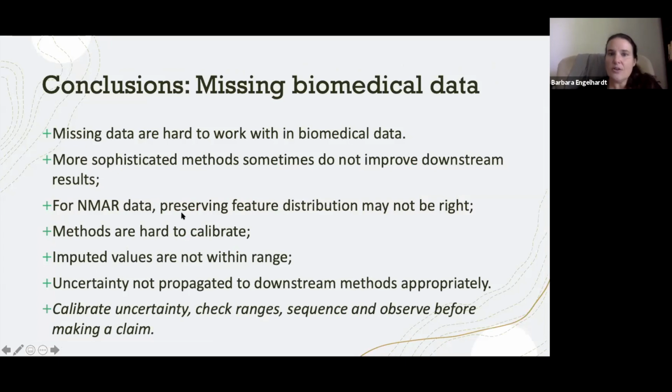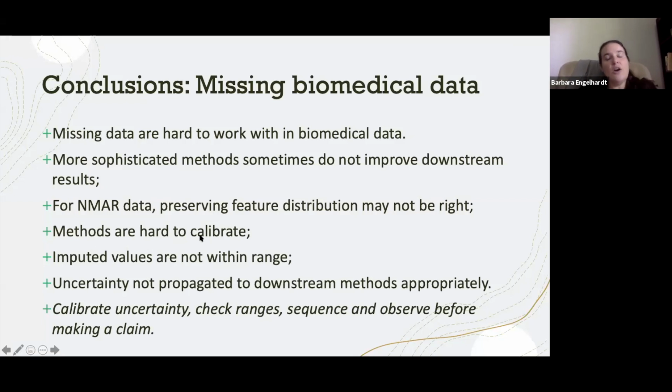So I just wanted to conclude briefly by saying missing data, I think, are very hard to work with, but also ubiquitous in biomedical data. The more sophisticated methods sometimes don't necessarily improve the downstream results. For the not missing at random data, which is the de facto reality for all of the data sets that we're looking at, preserving the feature distribution may actually not be the right thing to do, simply because the feature distribution reflects the biases in the data collection.